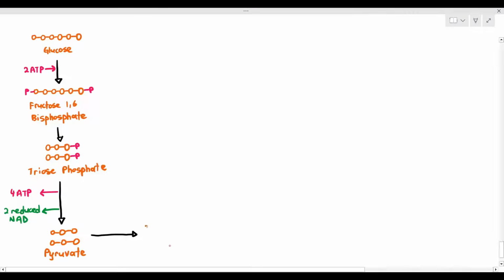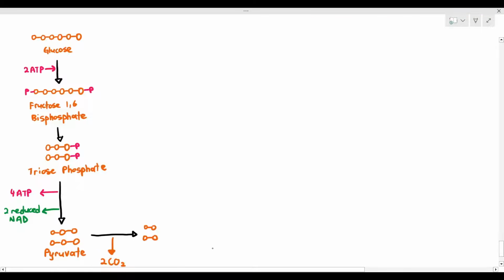The pyruvate will then enter the link reaction in the mitochondrial matrix. That is the location where link reaction occurs. And the pyruvate undergoes decarboxylation, and it releases carbon dioxide. The pyruvate becomes a 2-carbon molecule.